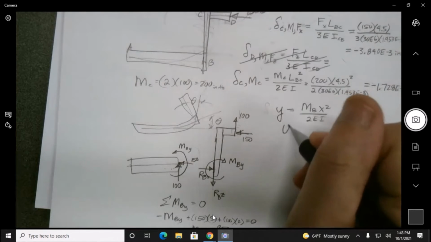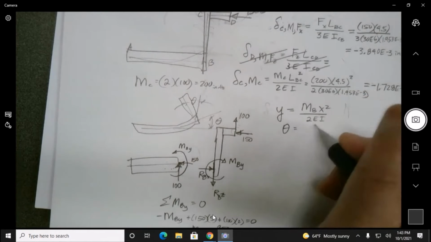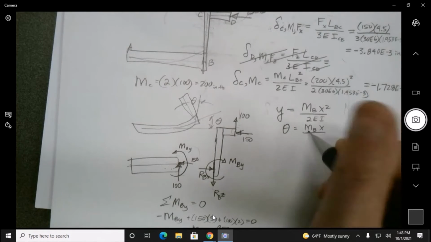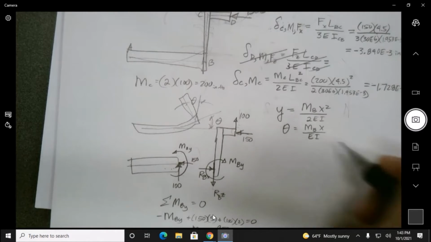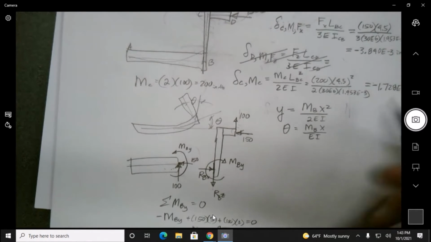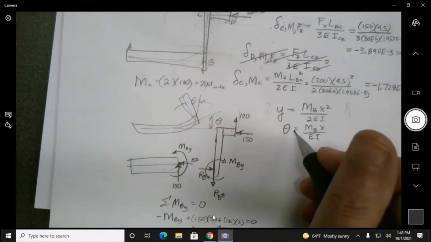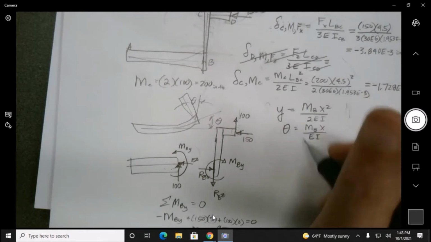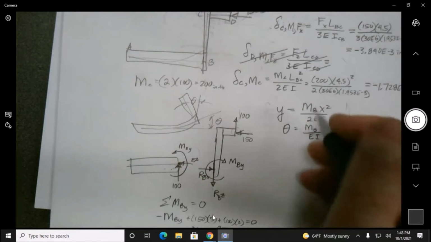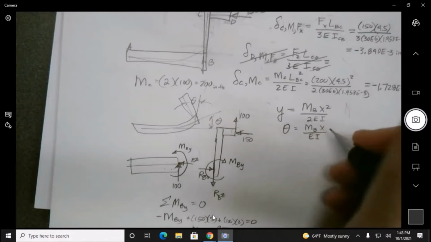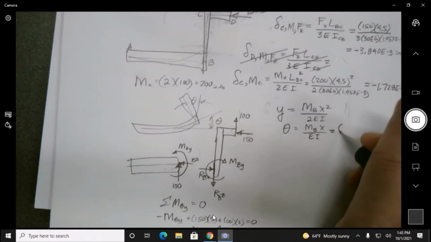So obviously theta, due to this, is just going to be MBx over EI, just taking the derivative with respect to x, right? So that theta, due to the moment, I don't know how to write that out. Anyway, we'll just find the number.